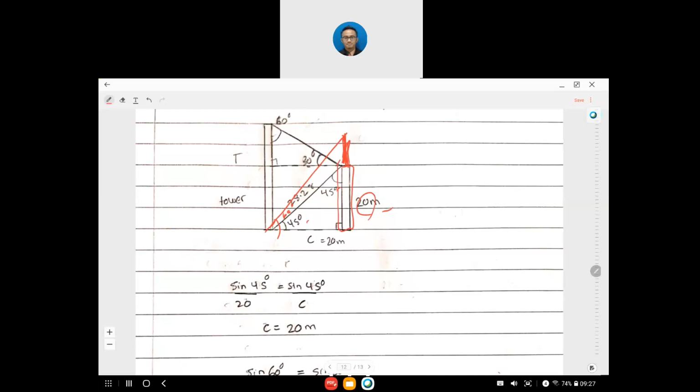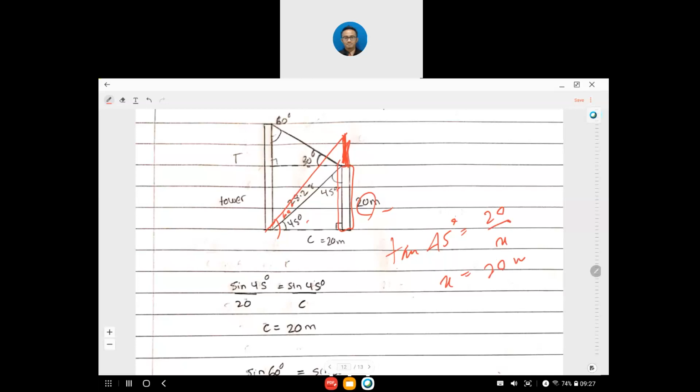Okay. So you can use formula of direct je ni. Tangent. Okay. Tangent 45 degree equal to 20 over x lah. Okay, so you can get x equal to 20 meter.